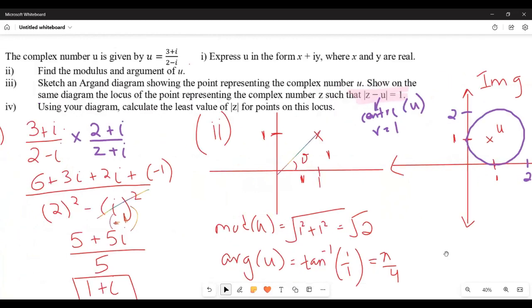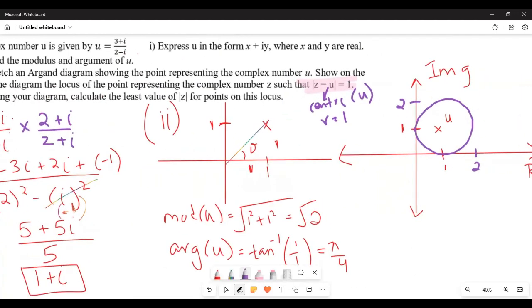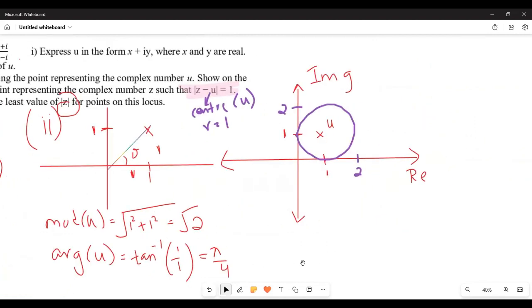Okay. Using your diagram, calculate the least value of modulus of C. Now we have so many possible values of C on this Argand diagram. It can be anywhere on this circle, but we have to choose that C which gives us the smallest value of modulus of C. And remember what's modulus? It's the distance of the point from the origin.